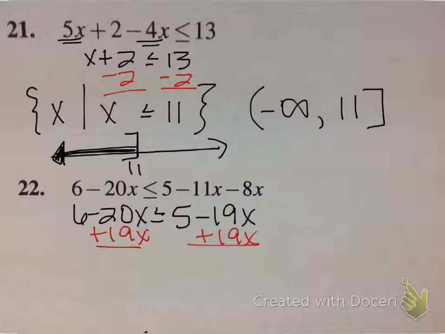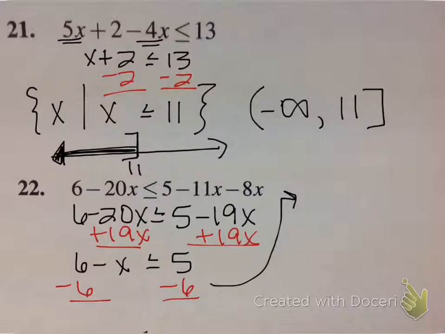It makes it so much easier to graph and write it in the proper form. That's going to leave me 6 minus 1x is less than or equal to 5. Now I need to subtract 6 from both sides. And that's going to leave me with negative x less than or equal to negative 1.